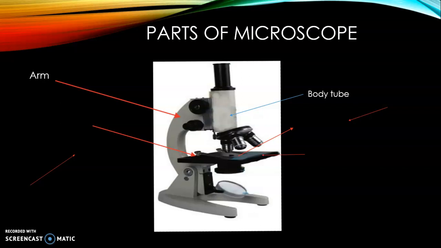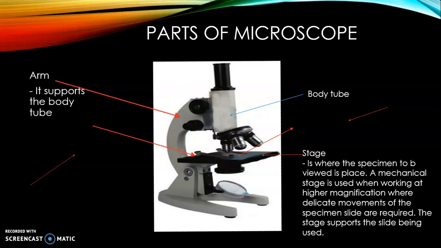Next is the arm. The arm supports the body tube. Another, the stage. The stage is where the specimen to be viewed is placed. A mechanical stage is used when working at higher magnification where delicate movements of the specimen slide are required.